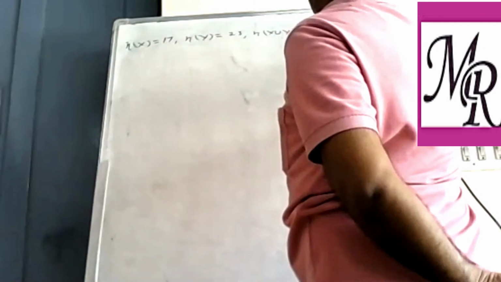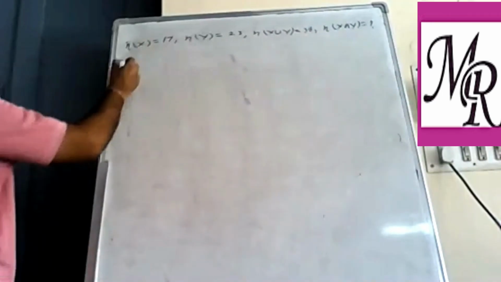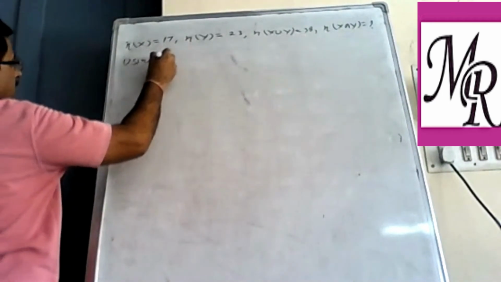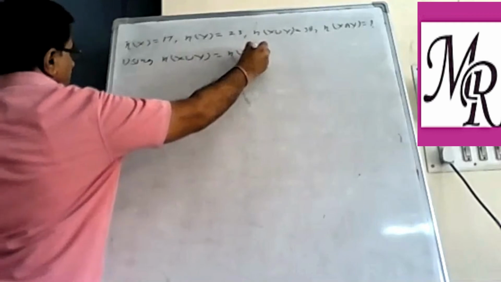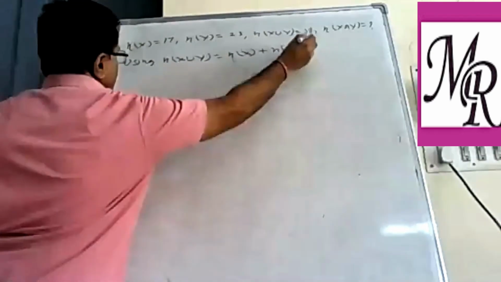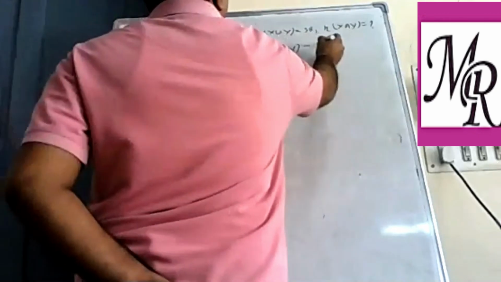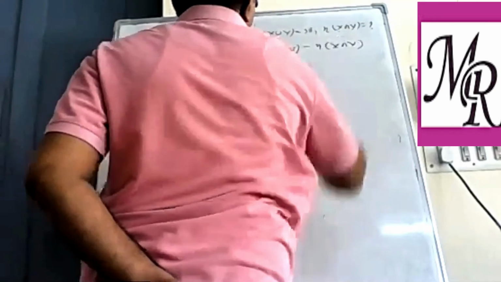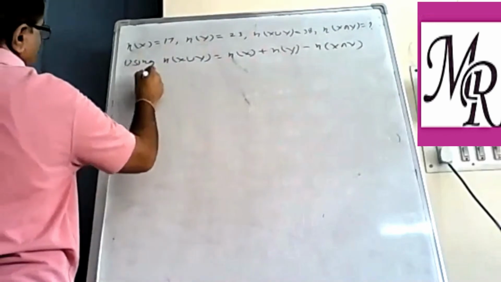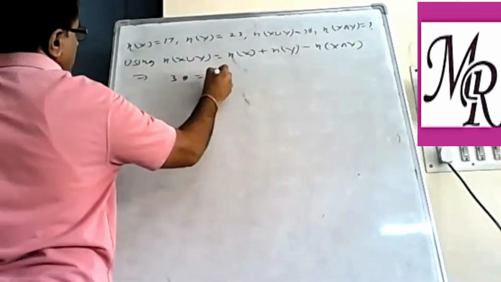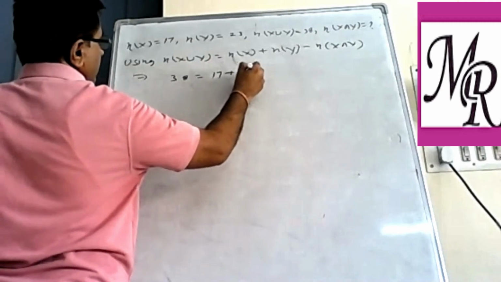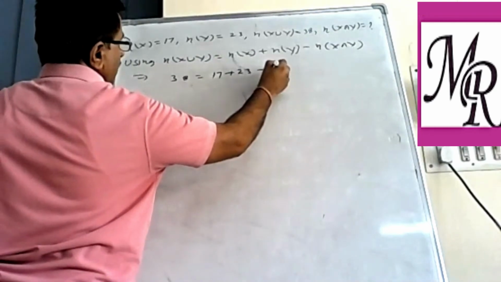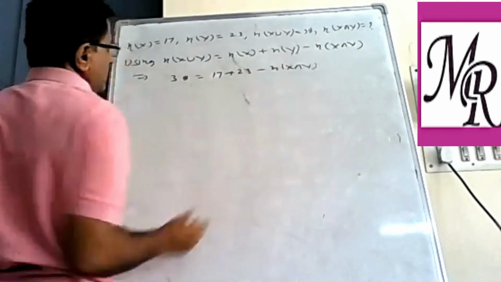Find number of elements in X intersection Y. So you know using direct formula here, number of elements in X union Y equal to number of elements in X plus number of elements in Y minus number of elements in X intersection Y. Now put the given values, 38 equals 17 plus 23 minus X intersection Y.